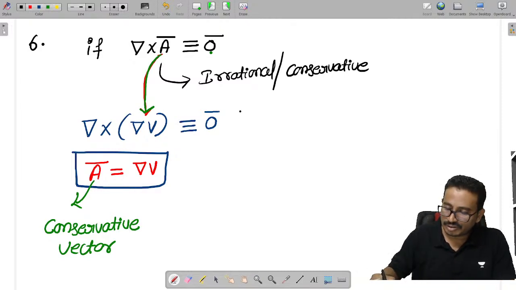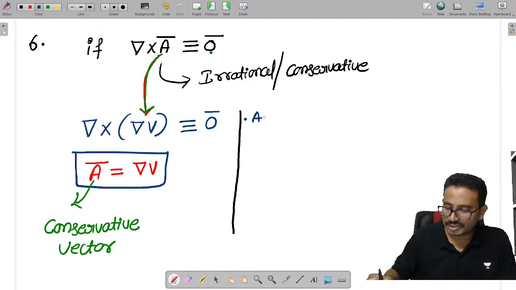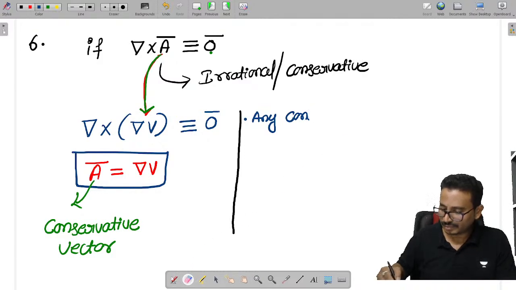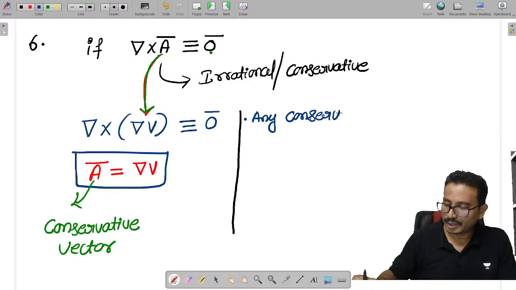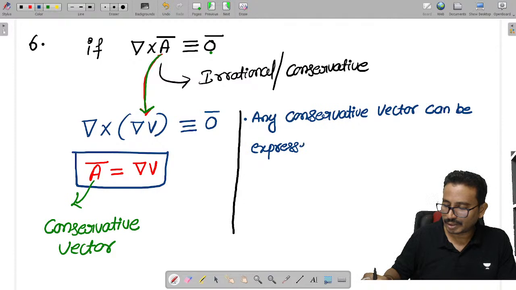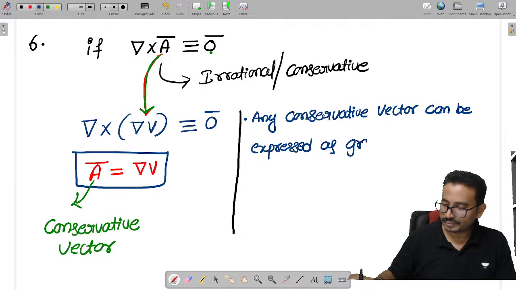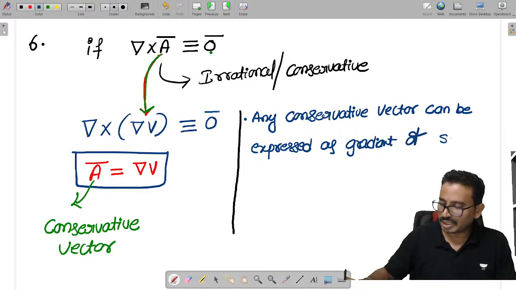So from here what we can conclude, you tell me now. Any conservative vector can be expressed as the gradient of some other scalar function.